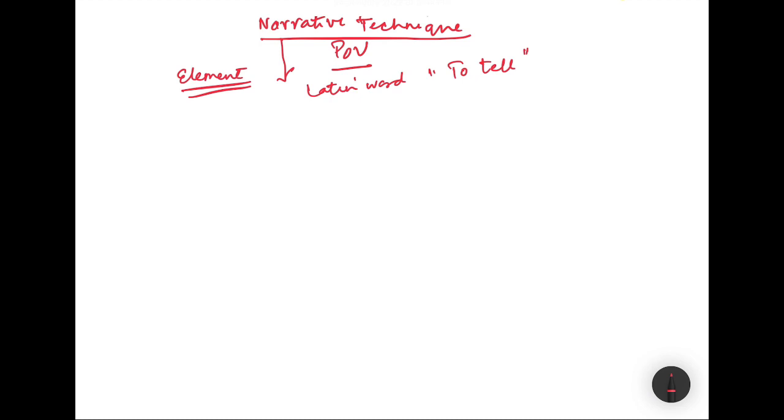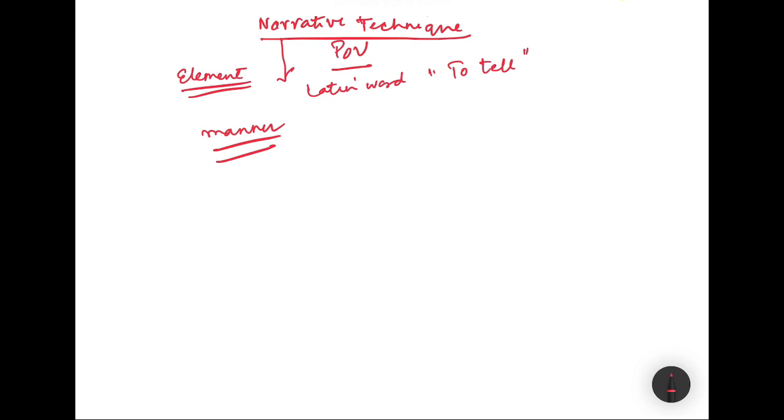And now comes the role of the narrator. It is the narrator who joins and weaves and blends all these things together. When we read a story, our attention is focused by the narrator's manner of presenting the story, the way he is presenting the story to us.